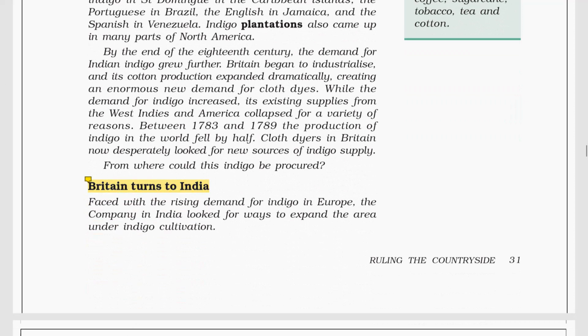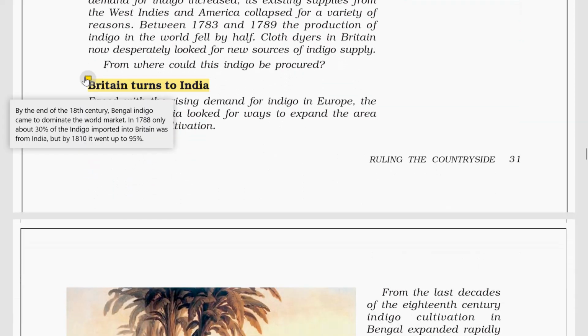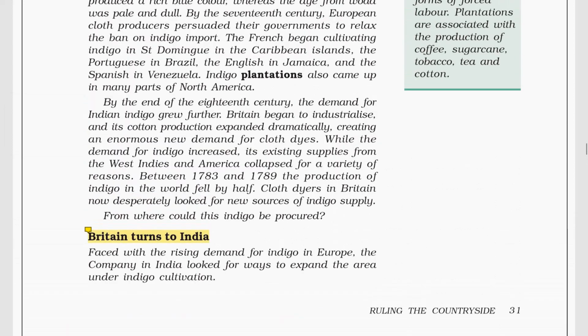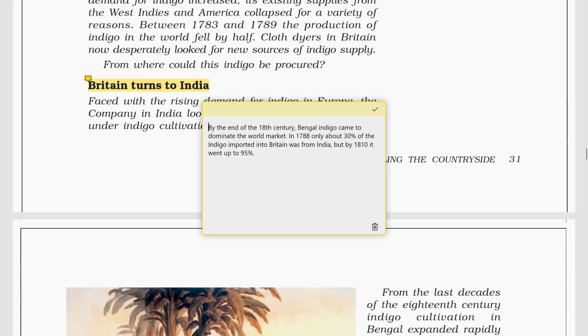This way, soon the American indigo cultivation collapsed, and the Britishers started turning towards India, because wherever the British colony was ruling, the color was not that good. When they turned towards India, they found that the Indian blue color was giving them a very good rich blue color, which was in great demand.